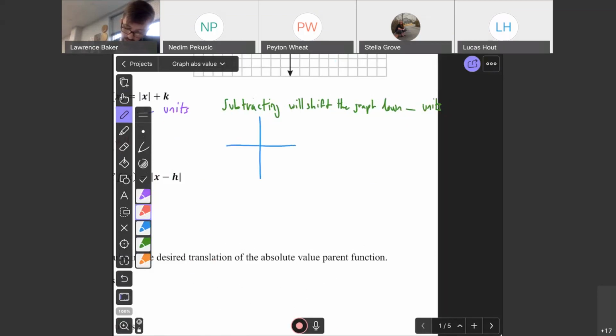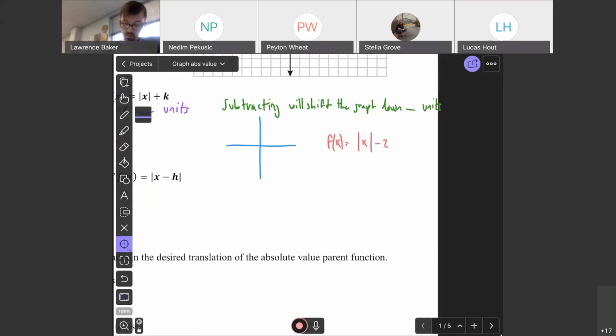If we said f of x equals the absolute value of x minus 2, instead of the vertex being at the origin, it's going to be down 2 units, so that would be at 0, negative 2.